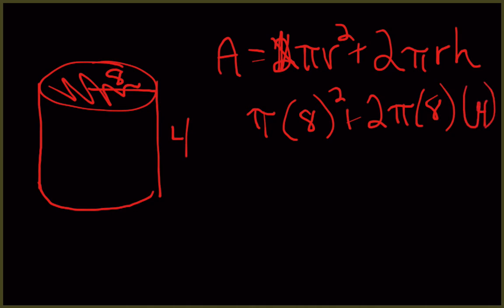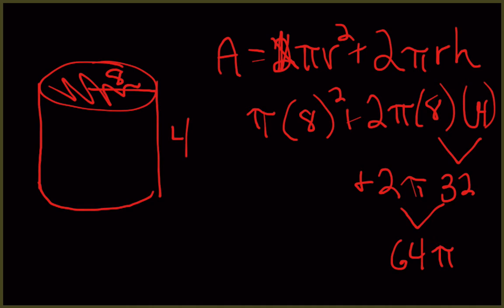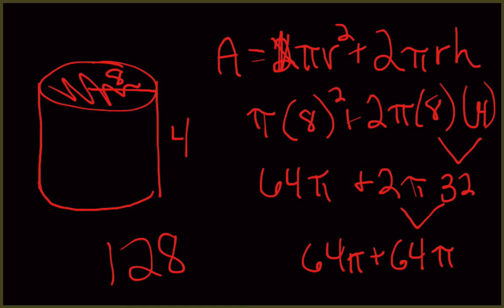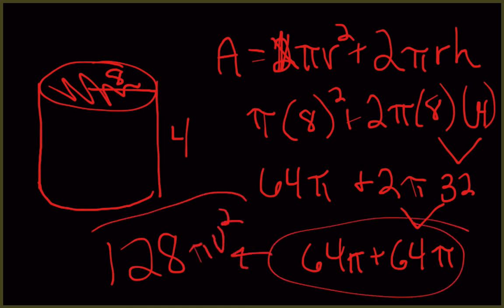Okay, simplifying, this makes 32. 32 times 2 is 64 pi. Over here, 8 times 8 is 64. So I end up with 64 plus 64, which is 128 pi units squared. We always use units squared because we're talking about area.